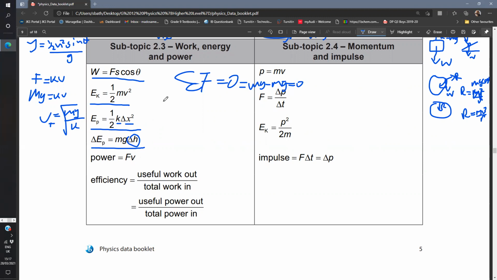So the change of energy in a system plus the change of energy in that system's surrounding is equal to 0.